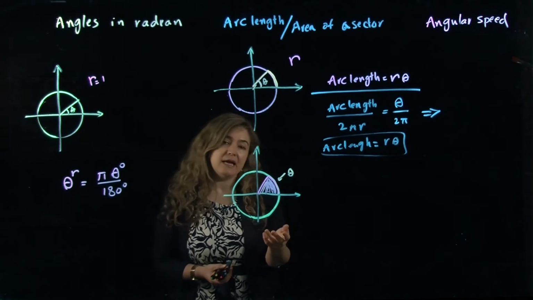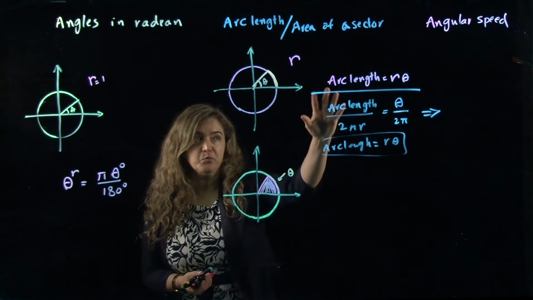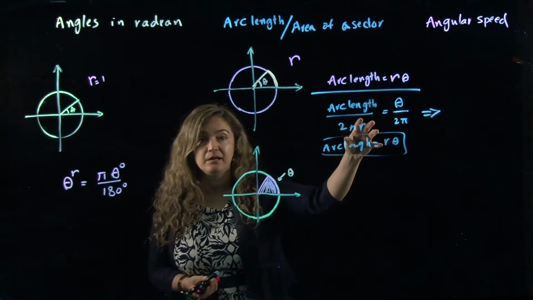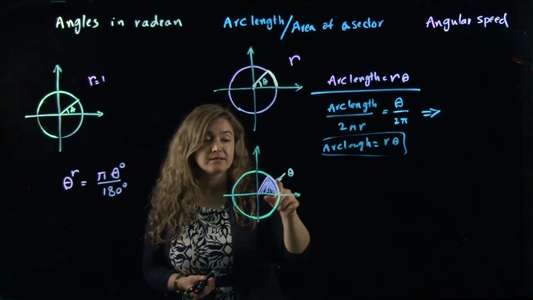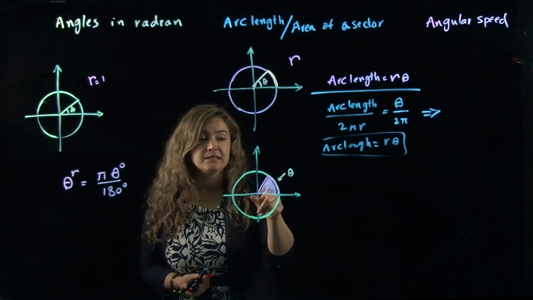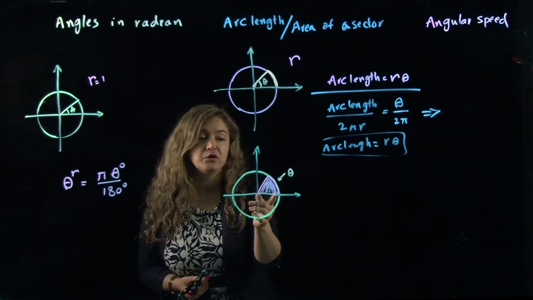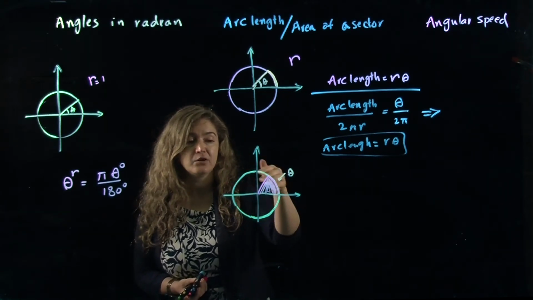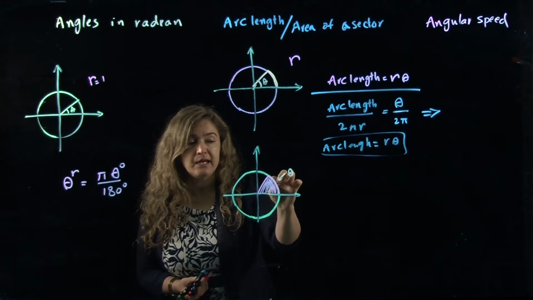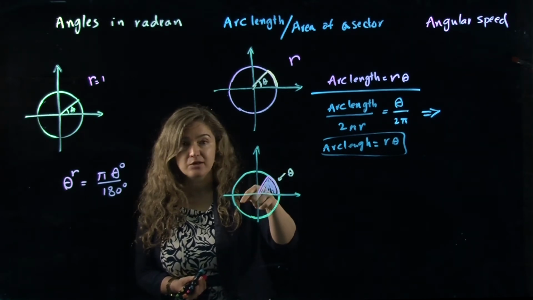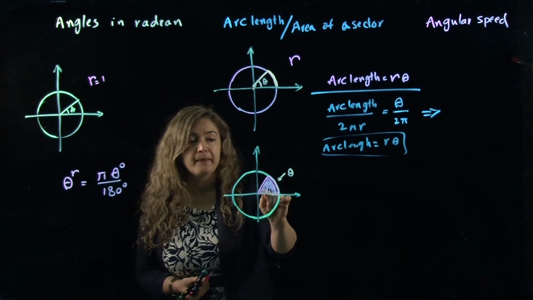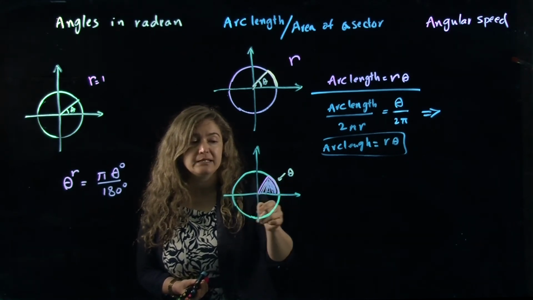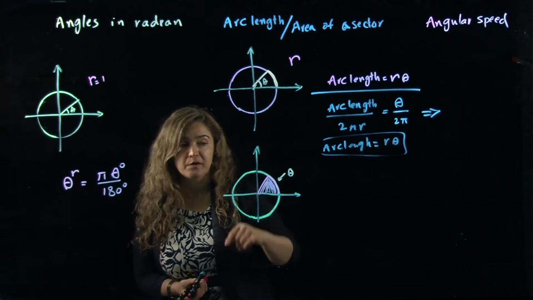And this one again, we use the second logical method of deriving the formula this time. The ratio of the area to the entire circle is the same as the theta to the entire full rotation.